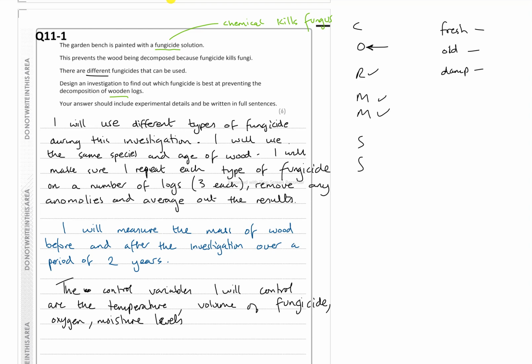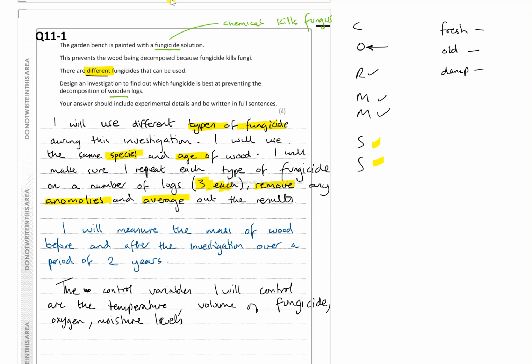Right, so what we've got is, so that's that done anyway. So I'll use different types. It's talking about different types. So I would use different types of fungicide, and I will make sure I use the same species. And in this case, the age will affect it. Right, that's that done. I will then repeat using 3 logs for each, and I will again remove any anomalies and average out the results.